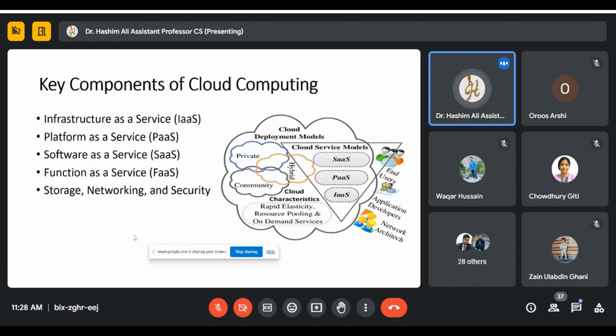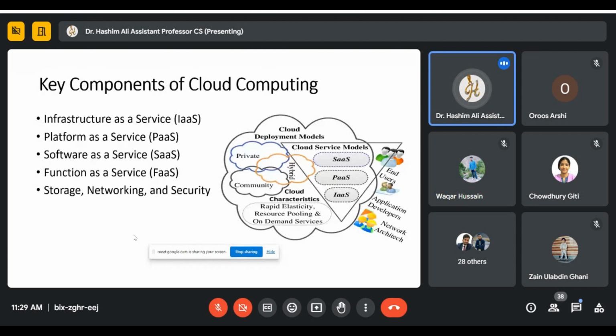First one is infrastructure as a service. This is a model in which the infrastructure resources are provided by the cloud infrastructure to the end user. The end user is not going to purchase the resources or care about the infrastructure. They will only be using those resources, provided as a service in the form of infrastructure as a service. And then we go towards the platform.